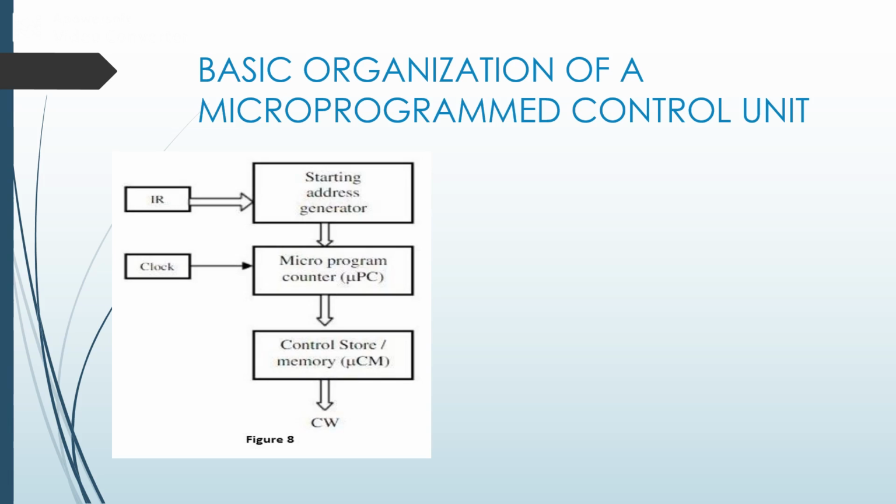The control unit can generate control signals for any instruction by sequentially reading the control words of the corresponding micro routine from the control store.